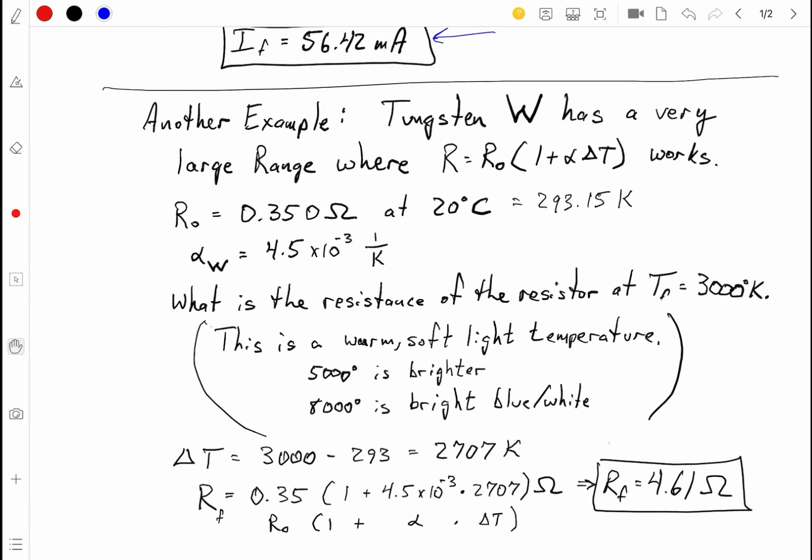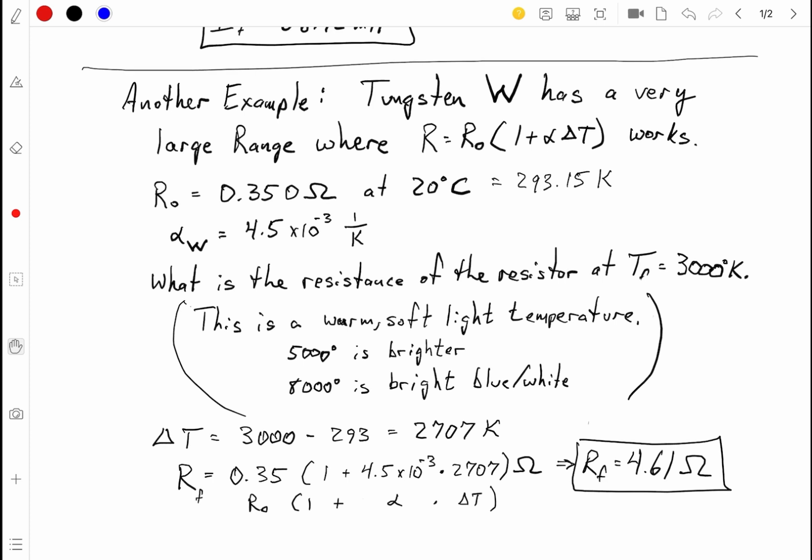So here's another example. We've got a tungsten piece of material. It has a very large range where this works. A lot of things aren't as good as tungsten. Tungsten works well with this equation, and it's one of the things that we used the most in our filaments in the old days before we had higher efficiency light bulbs.